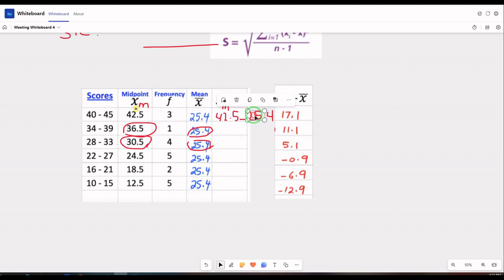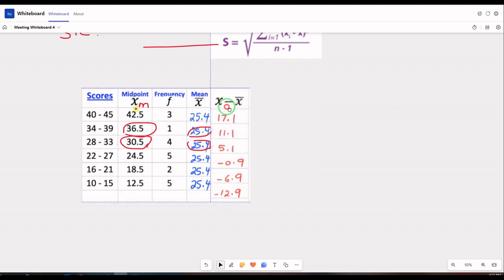So let me delete this part, because I already calculated and put it in a table. So here you would say that this is 17.1, 11.1, but we're not done yet. We calculated the deviation, or the difference. Remember guys, the next step is raising each of these values to the power 2.